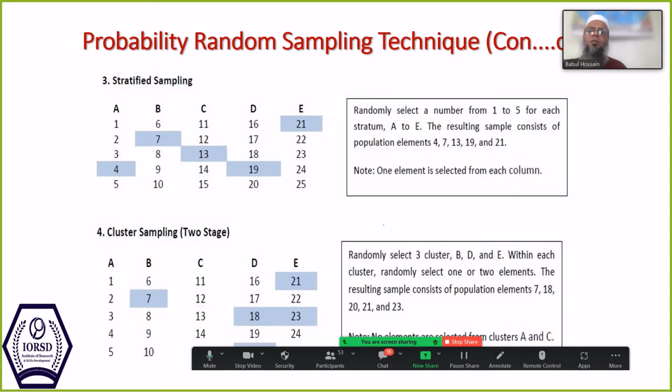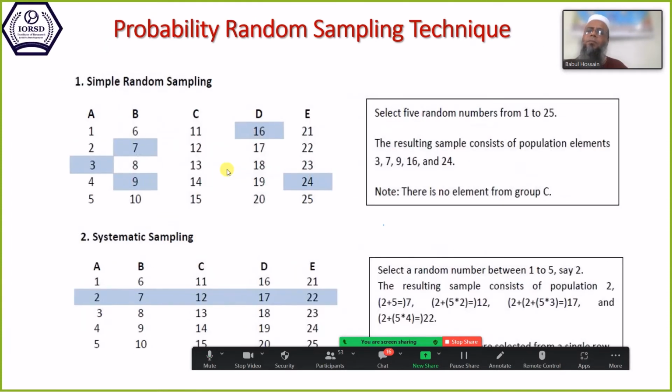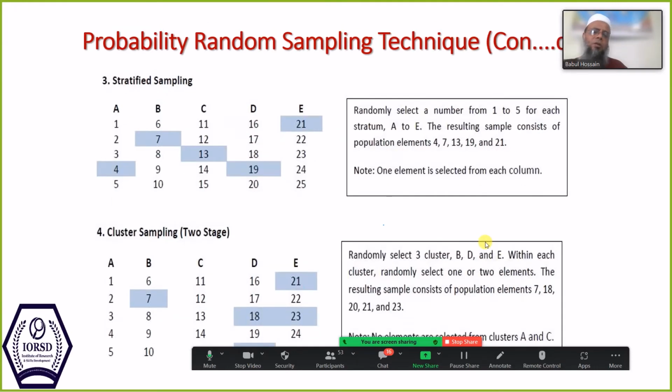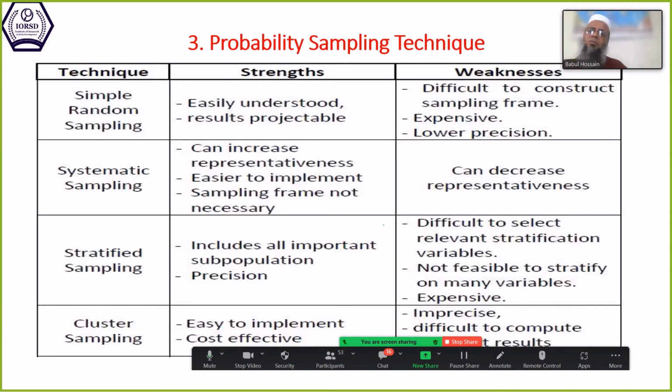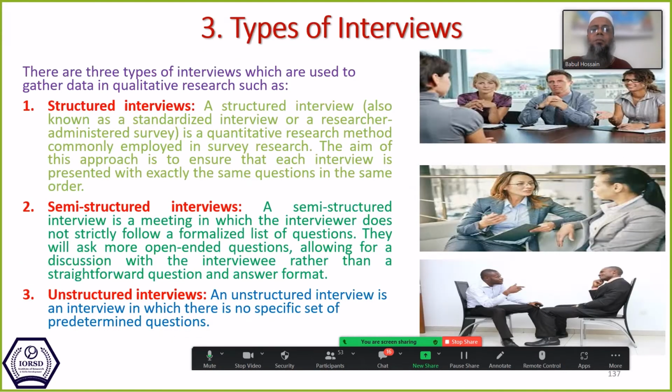And systematic, and simple random sampling, in this way. I don't have much time to explain each and every aspect today, as I missed huge time. So you will read all of this, and that will help you.